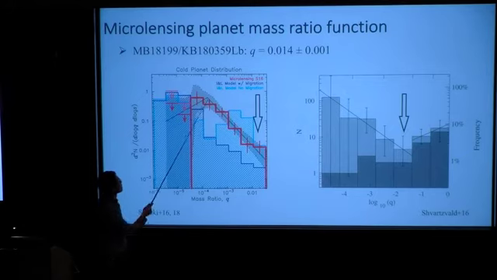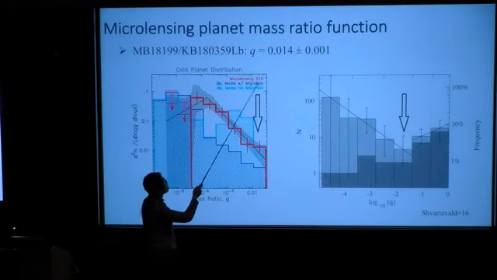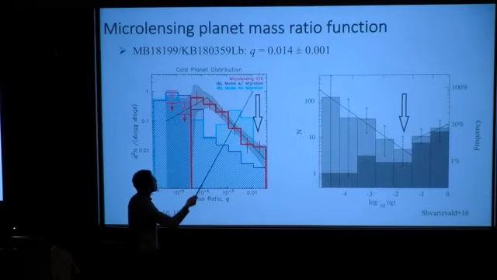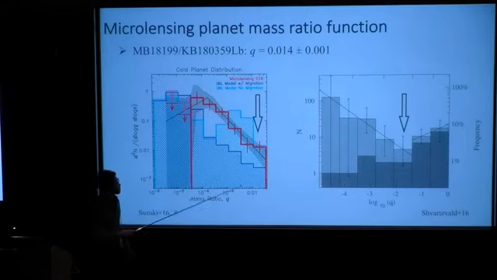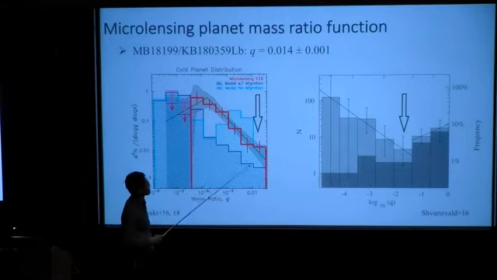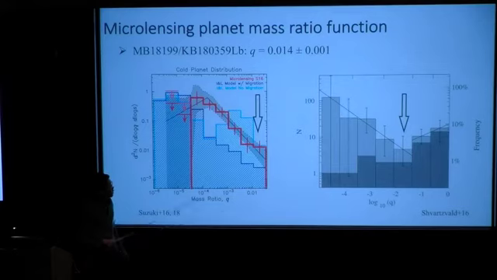This planet has a mass ratio of 0.01, which will fall in this mass ratio bin. Actually, the planet frequency in this mass ratio bin can be explained by the population synthesis model without migration.